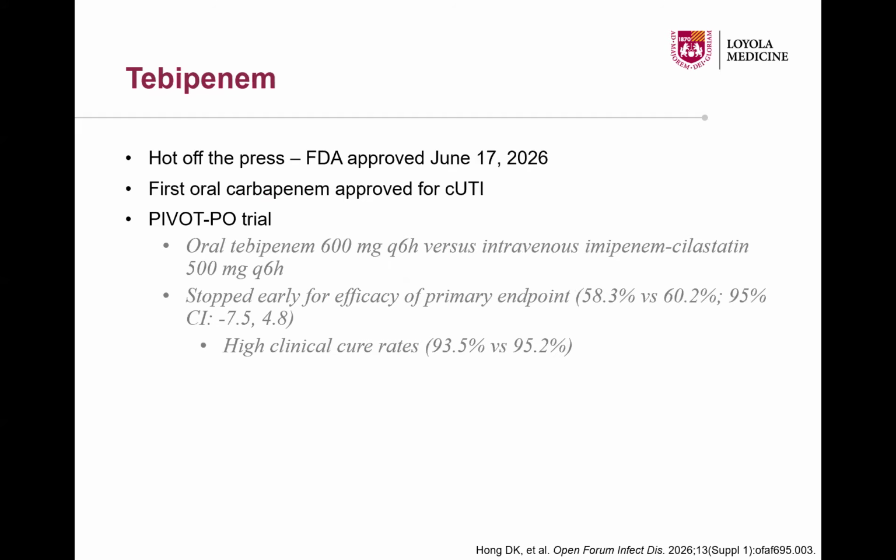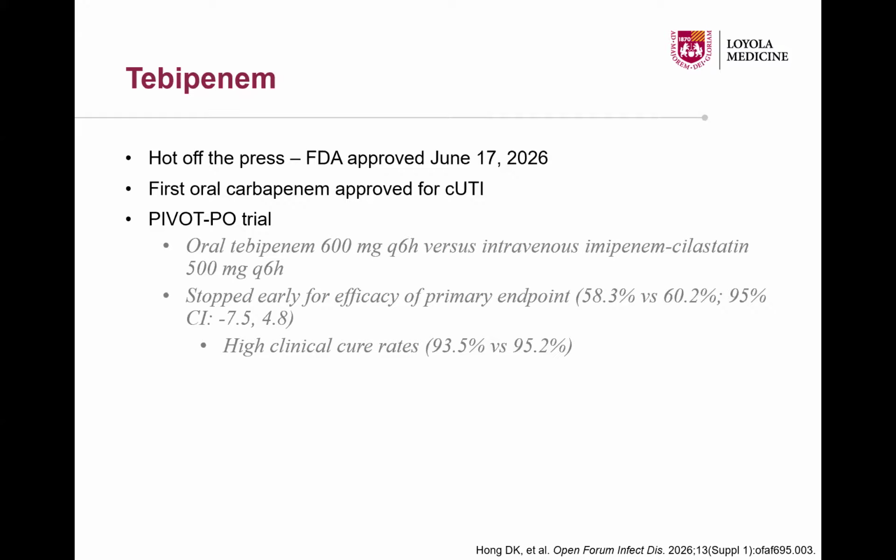And then really hot off the press, as in I had to go back and add the slide, FDA approved tebipenem on June 17th of this year. So it's the first oral carbapenem for complicated urinary tract infections. It was based on the PIVOT-PO trial that compared oral tebipenem every 6 hours versus imipenem. It was stopped early for efficacy of its primary endpoint.